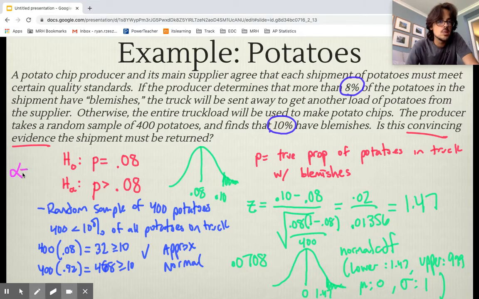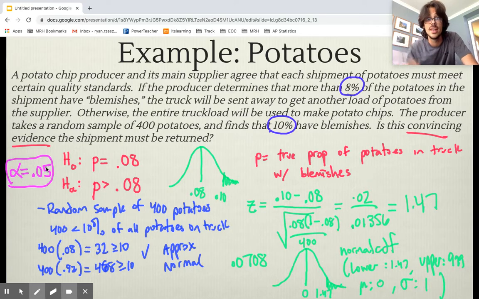If they don't specify in a problem like this, 0.05 is the most common cutoff, but they can use 0.10, 0.01. Sometimes the problem tells you alpha, but if they didn't, and they didn't do that here, just make up your own. We're going to go with 0.05 because that's the most common, and I should have done that before I looked at my p-value right here. Okay? So that's what's going on.